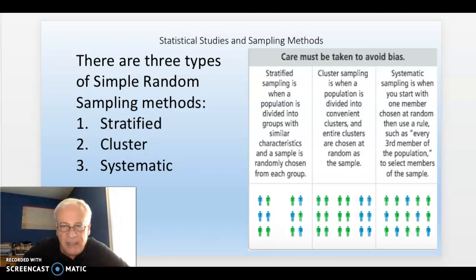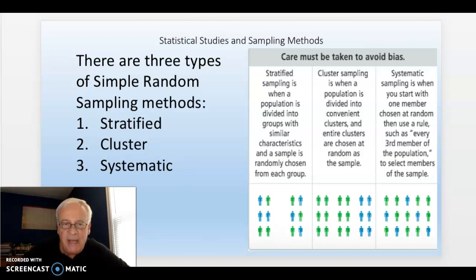Cluster sampling is different. You divide the population into convenient clusters, like maybe you're a Walmart manager and you want to survey your employees about something. You might randomly pick 5 stores and then survey every employee in those 5 stores rather than sample every store.